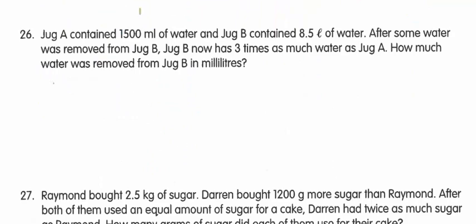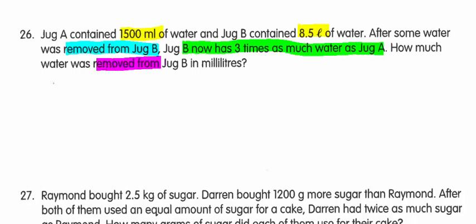Now, let's look at 26. And let's think what strategy that we used in ratio can be used here. So, jug A, 1500 ml. B is 8.5 liters. So again, here some water was removed from B. And then it says jug B now has 3 times as A. So my question is, how much was removed from B in milliliters? So before we do anything, let's change this to ml.